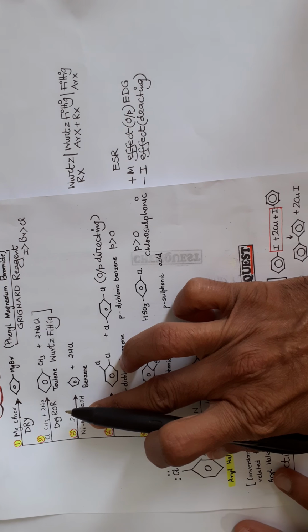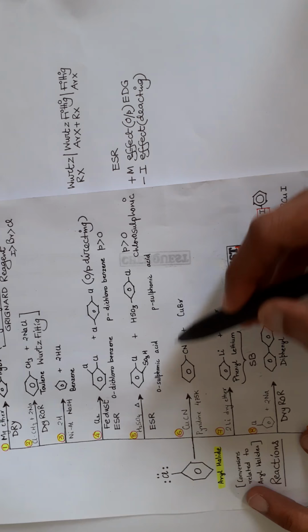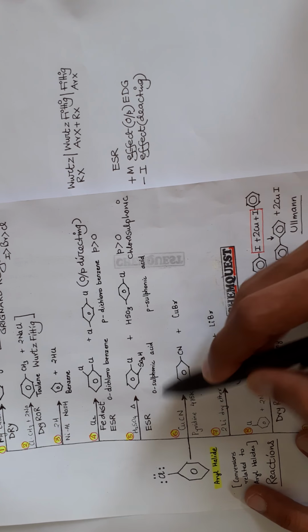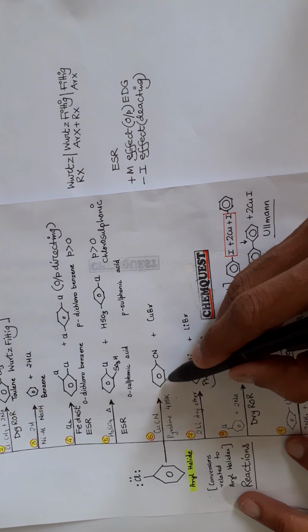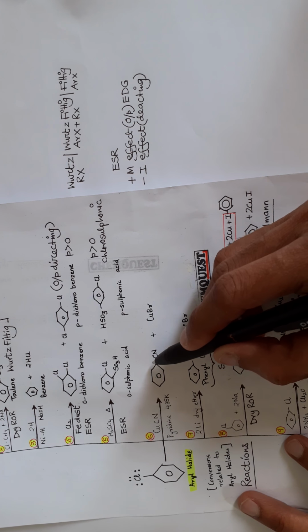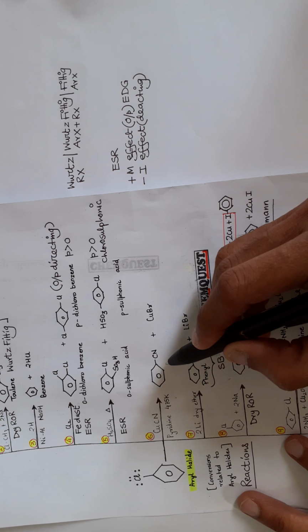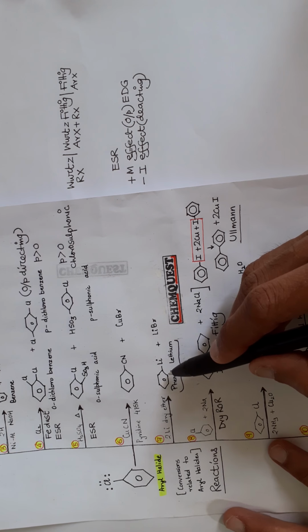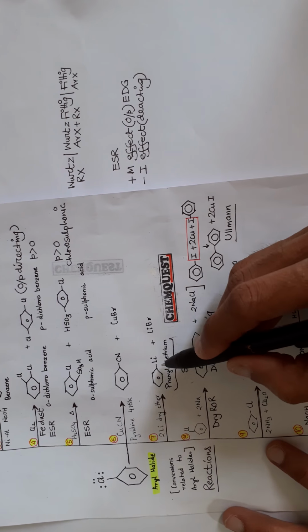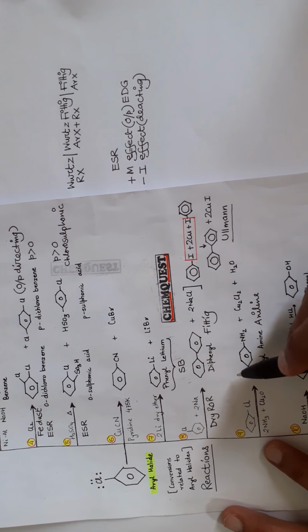Third one is normal reduction to form benzene from chlorobenzene. 4 and 5 both are electrophilic aromatic substitution, ESR. Next one, nucleophilic substitution, NSR, to form cyanobenzene. Next one, phenyl lithium is formed by using lithium in dry ether.